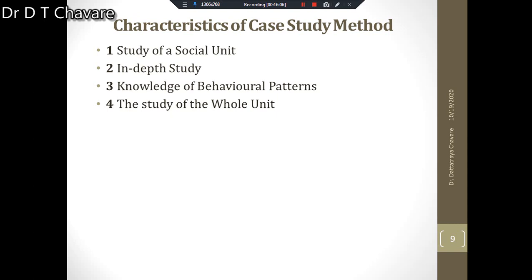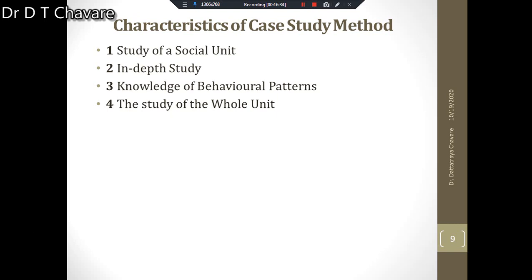It can even be an institution or a group, even a community or a society, provided these are cohesive and homogeneous and may be studied as an integral one. This is the first characteristic.